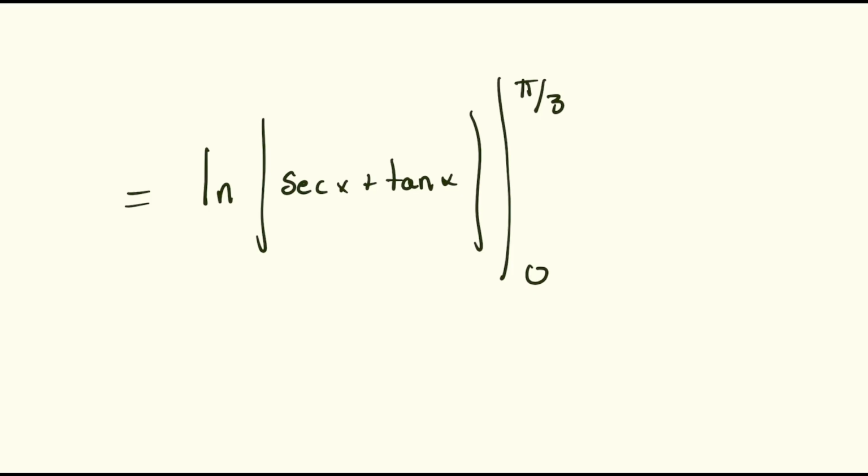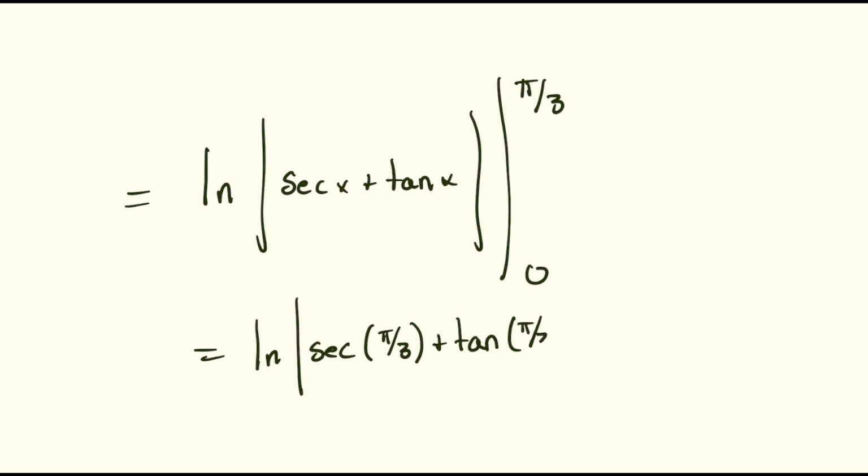Punching in those numbers, we are going to have natural log of secant pi over 3 plus tangent of pi over 3, and then we are subtracting the natural log of secant of 0 plus tangent of 0.